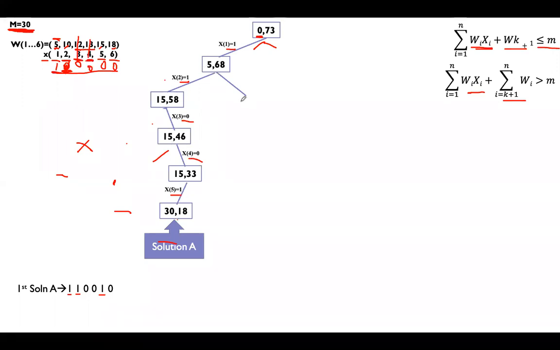I will branch out by leaving x2. x2 is equal to 0. Now I don't need this x2. If x2 is equal to 0, only the first element is selected, so this will remain 5. This 68 minus 10 will become 58.